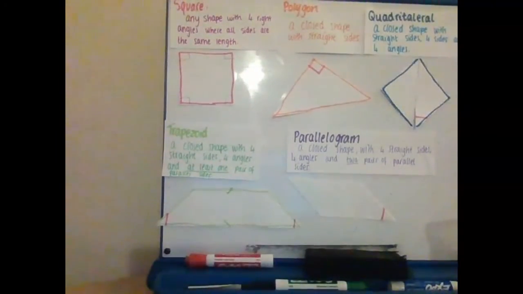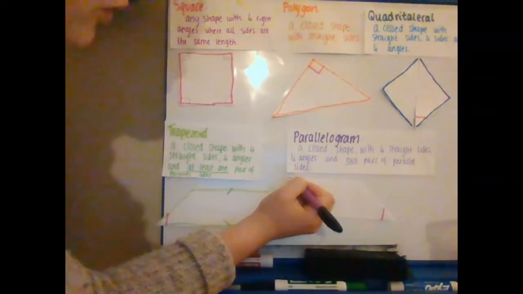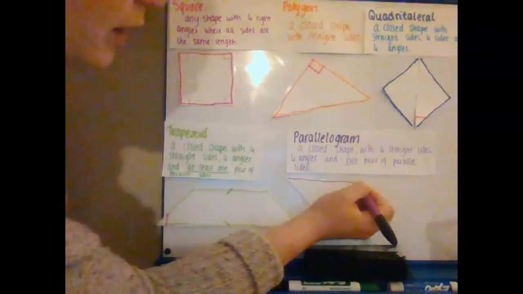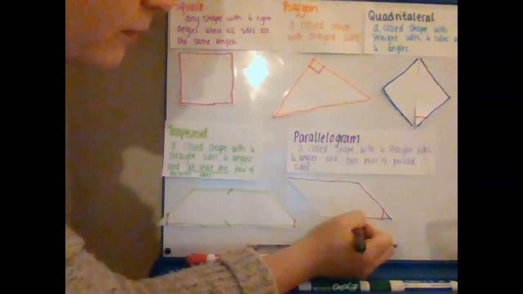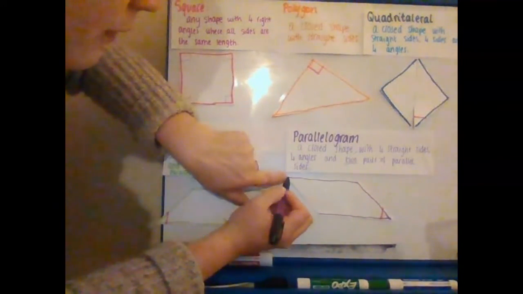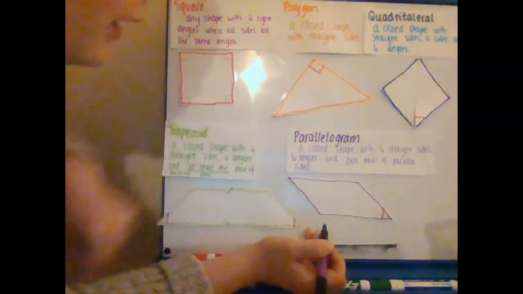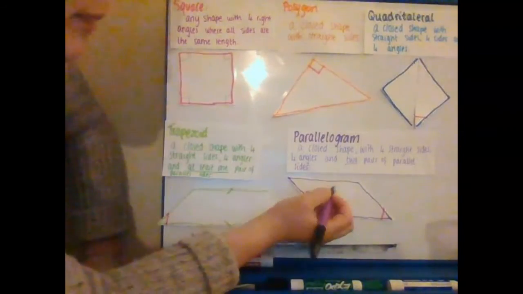And then last but not least, our parallelogram is a closed shape with 4 straight sides, 4 angles, and 2 pairs of parallel sides. So closed shape with 4 straight sides, 1, 2, 3, 4. 4 angles, 1, 2, 3, 4, and 2 pairs of parallel sides.